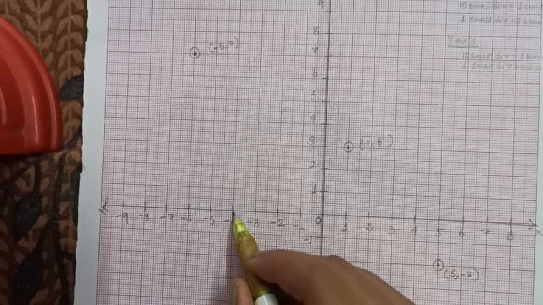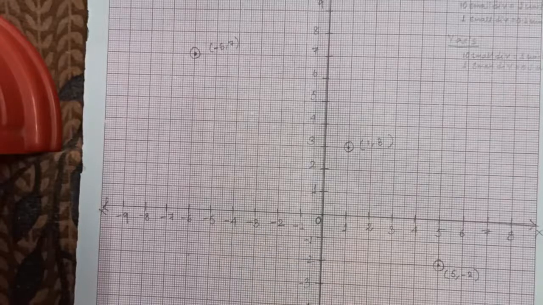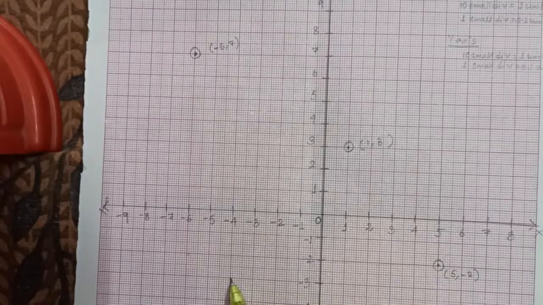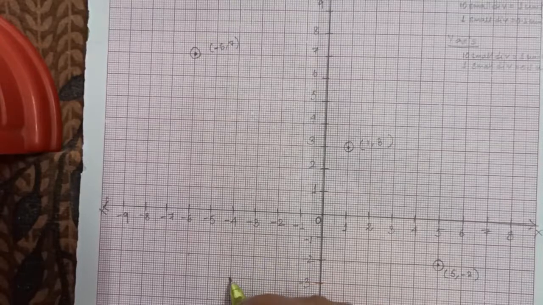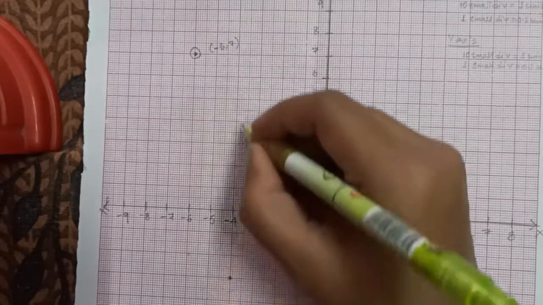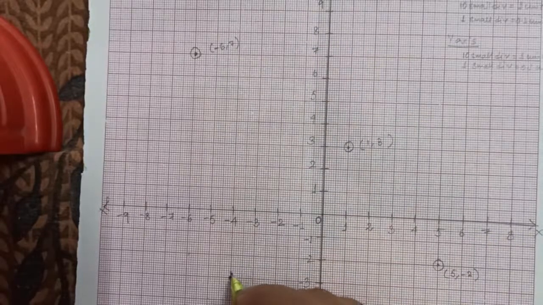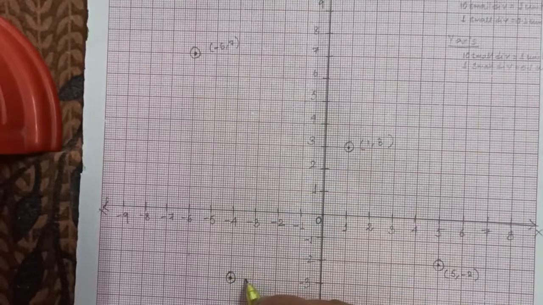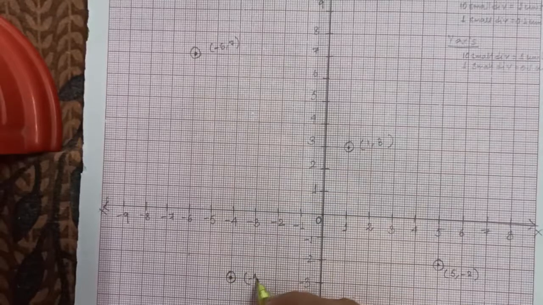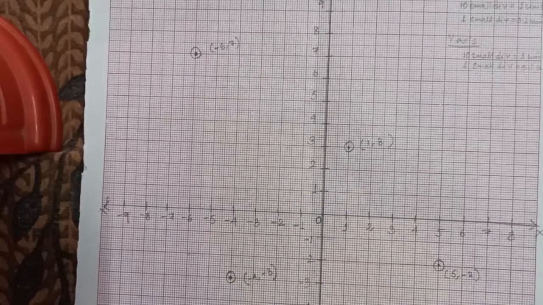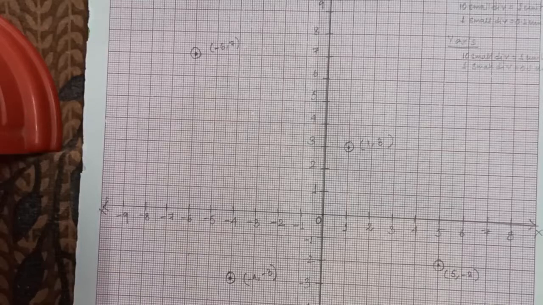So minus 4 and minus 3 is over here. Where this minus 4 line and minus 3 line coincide, that point I'll write as minus 4, minus 3. This is how we plot points on a graph.